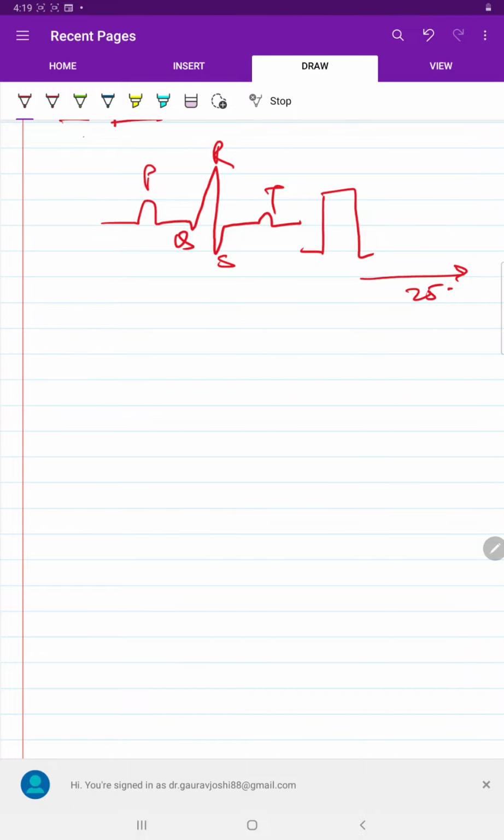In some conditions, the cardiologist can ask for 50 mm speed, or double the standardization of size, maybe 20 mm.